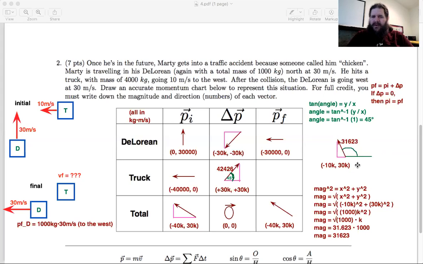In this case, though, if we try running the exact same calculation, inverse tangent of y over x, y in this case is 30,000. X is negative 10,000. If you divide those, 30,000 over negative 10,000 would just be negative 3. And if we take the inverse tangent of negative 3, I'm getting about negative 72 degrees.